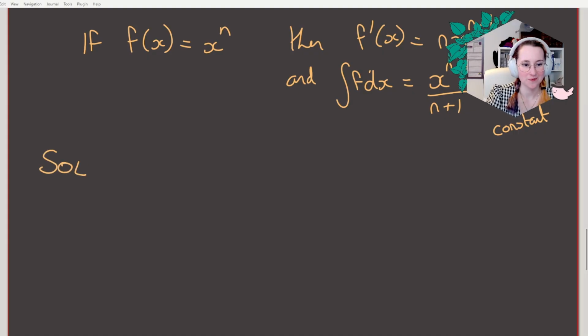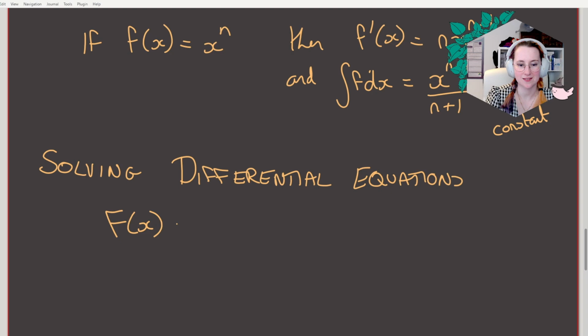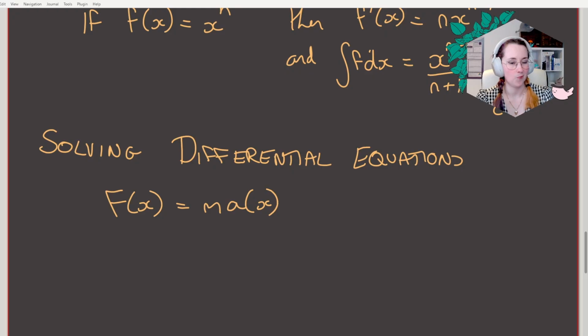So how do we solve them? I told you that we need to turn our equation f of x is a of x, and that gives us some, let's do with respect to time first, it's going to be easier.